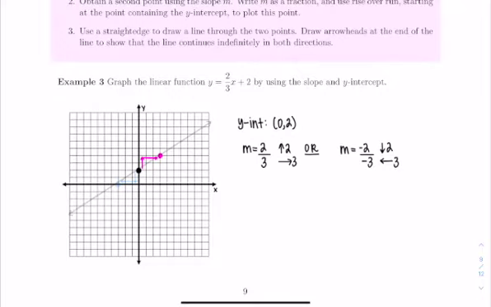From our y-intercept, we would go down 2 units, and then to the left 3 units. And then plot our point. So ignoring the arrows, you can see that the blue, the black, and the pink point all fall in the same line. And so we're just going to connect our points and then put our arrows at the end.